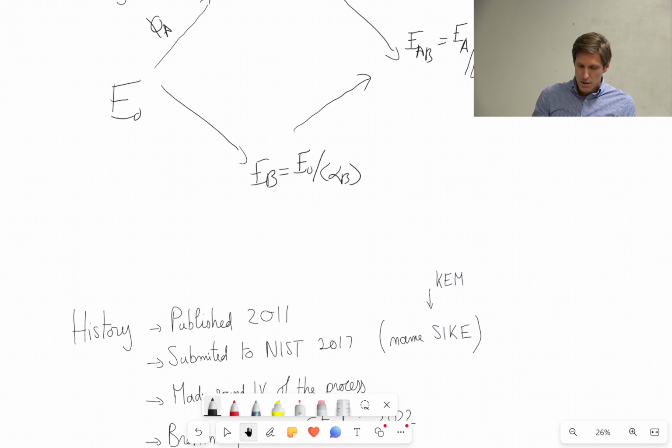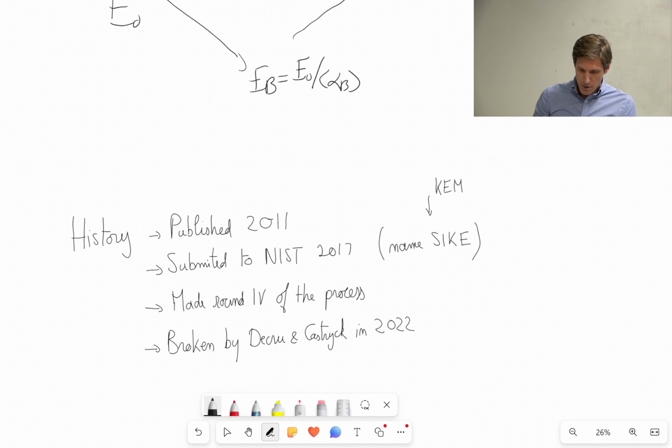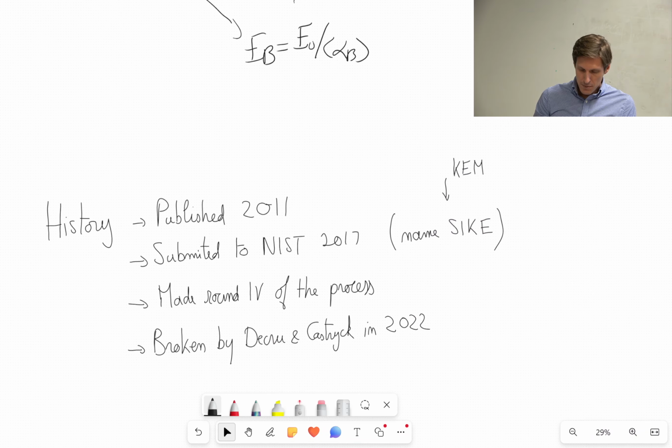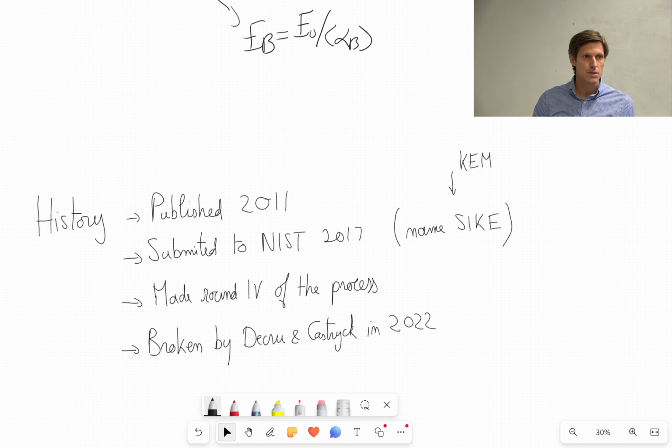So what happened with this thing? It was published in 2011, and then in 2017 there was this standardization process by NIST, where they standardized KEMs, key encapsulation mechanisms, and digital signatures.